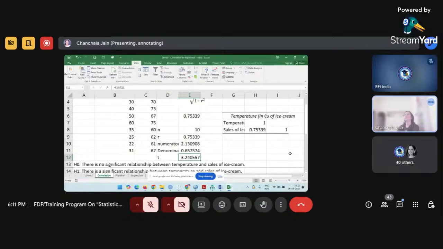Now we will calculate the p-value. Then provide this, and degrees of freedom will be this minus 1.